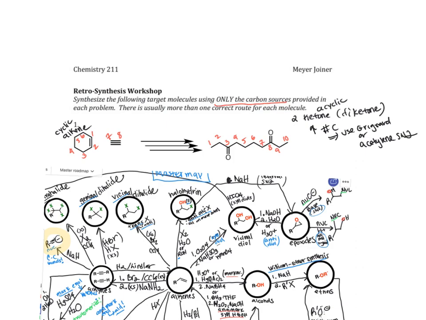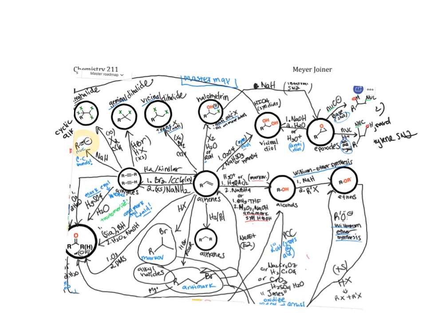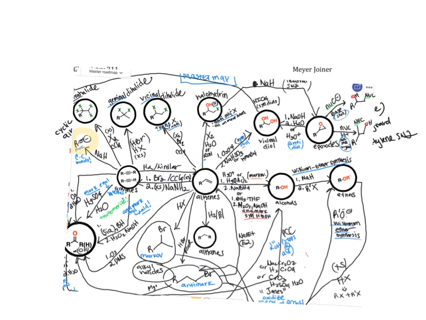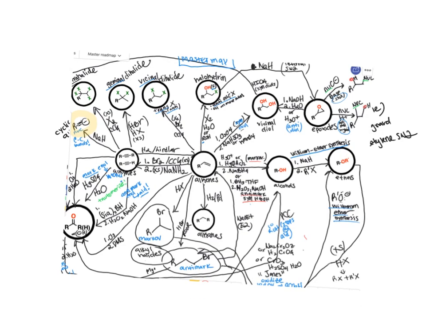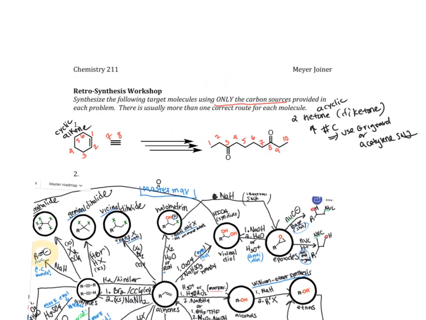Remember this map, we highlighted the Grignard over here, and then the acetylene one. Keep in mind that that narrows it down greatly. In order to use acetylene, we have to have a leaving group. In order to use Grignard, we have to have a carbonyl that we attack. Both of those things are possible.